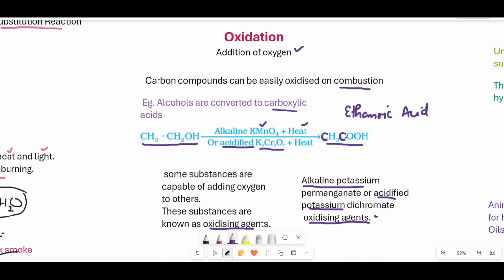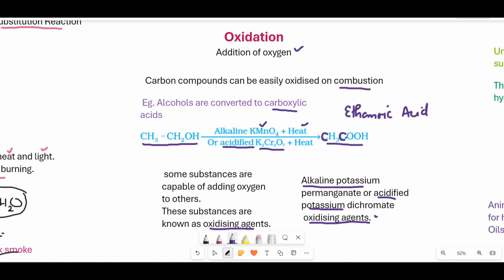So what is an oxidation reaction? Oxidation reaction is generally addition of oxygen. During combustion, oxidation is happening. But other than combustion, how do we bring about oxidation? If you give any compound which has oxygen in it, you can use that substance as an oxidizing agent and bring about oxidation.